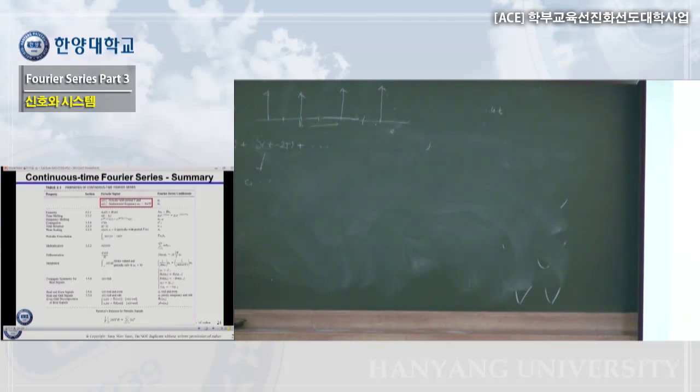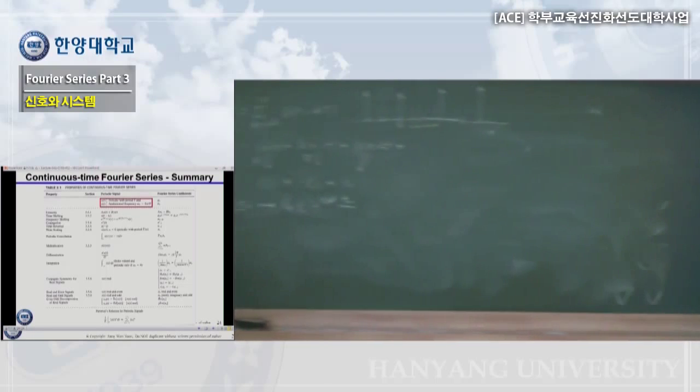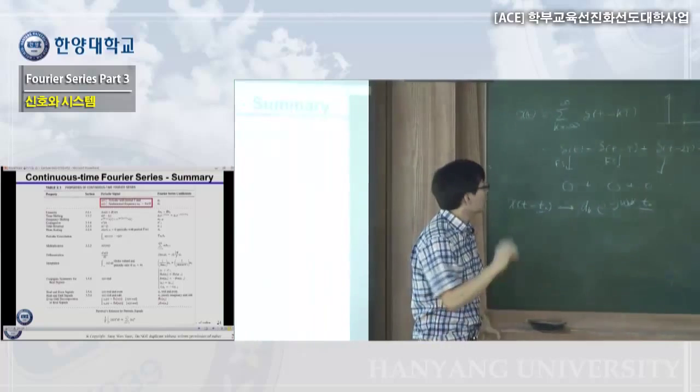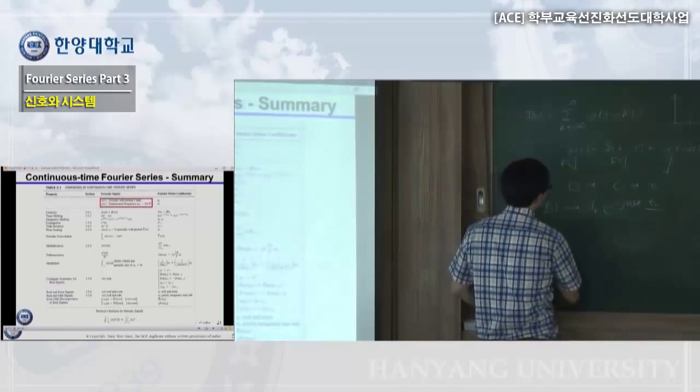So the property here is, if you have x(t minus t0), their Fourier series relationship will be a_k e to the minus j omega 0 k times t0. That's the property.